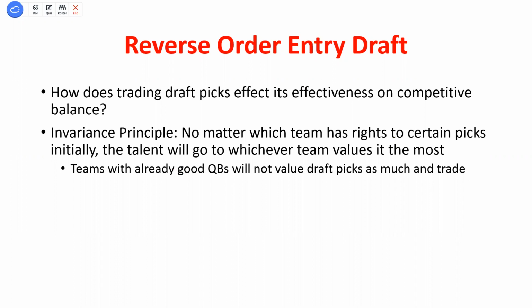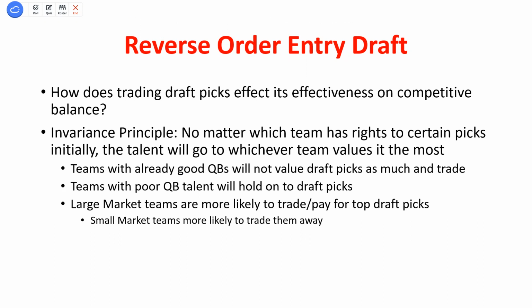I know there are other teams out there that maybe had the lowest number of wins, but in the lottery system they ended up not getting a top pick. Well, then what's going to happen? They're still going to have a really high value for that first pick. We're going to see a lot of trading going on. It's kind of intuitive, right? If I don't need that draft pick, it's not going to be as beneficial to me, and I know it's more beneficial to someone else. There's going to be a range of values we could agree to trade on.